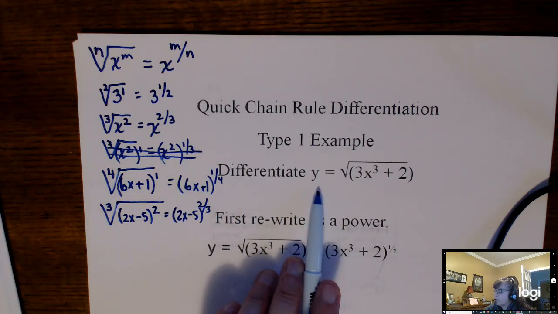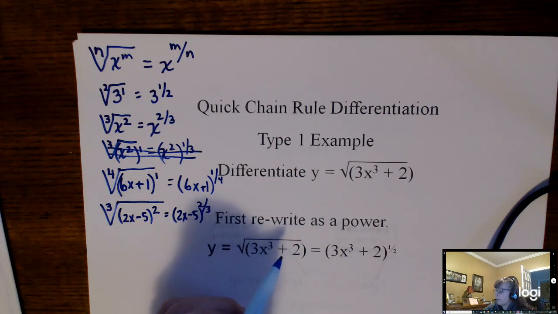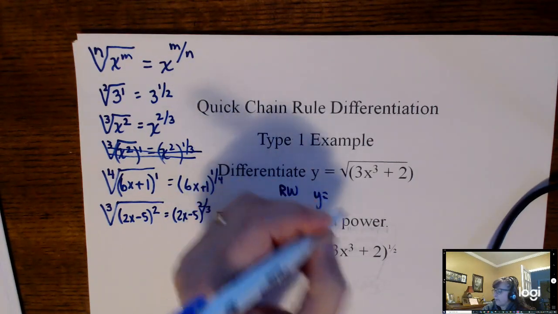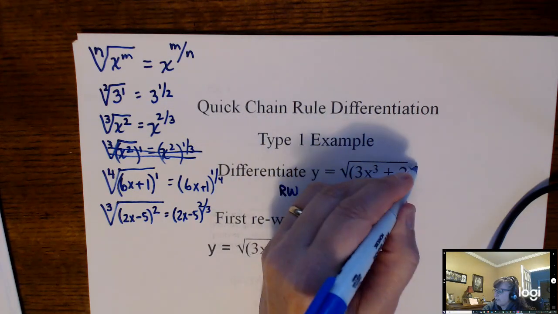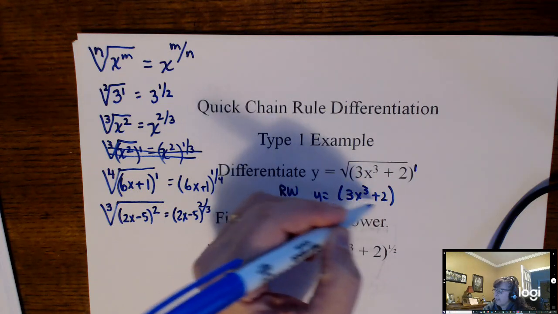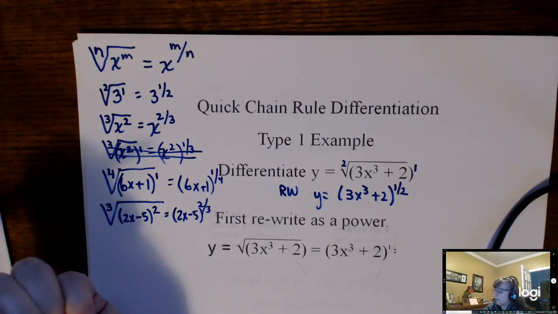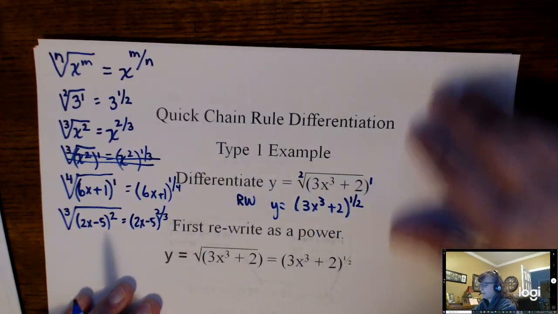So the first thing you have to do before you can differentiate y is rewrite it. That's y equals the square root of 3x cubed plus 2. There's an understood exponent of 1 outside that. You can't separate these. So that would be 3x cubed plus 2 to the 1/2 power. So you first have to rewrite.